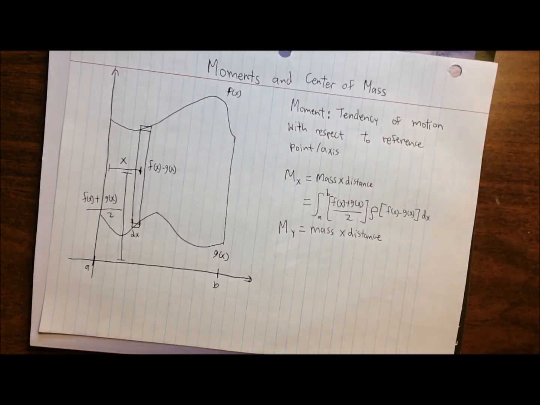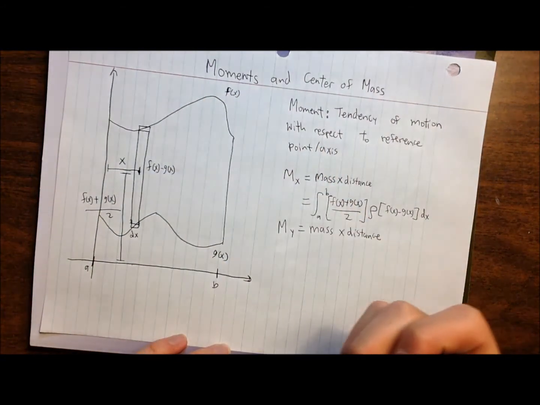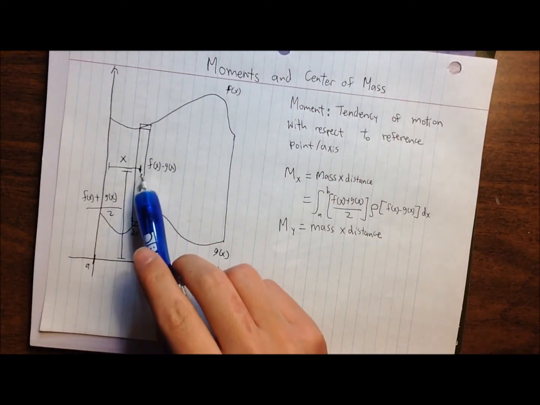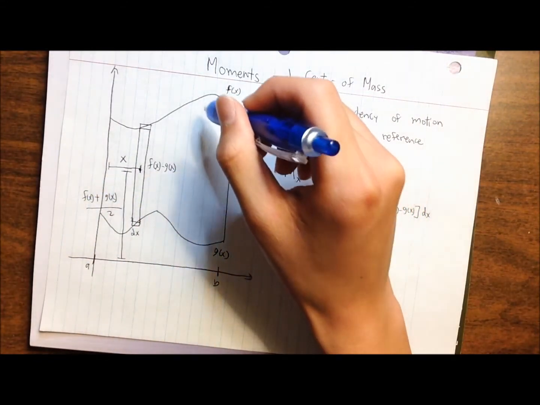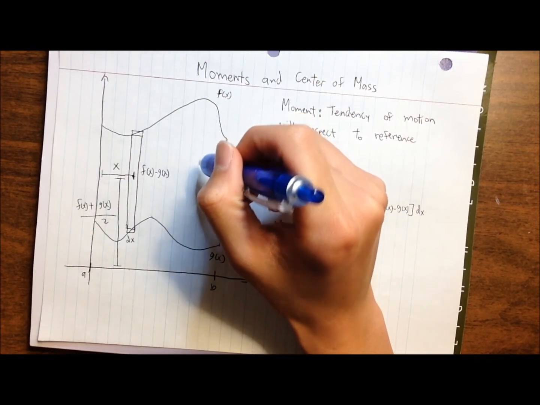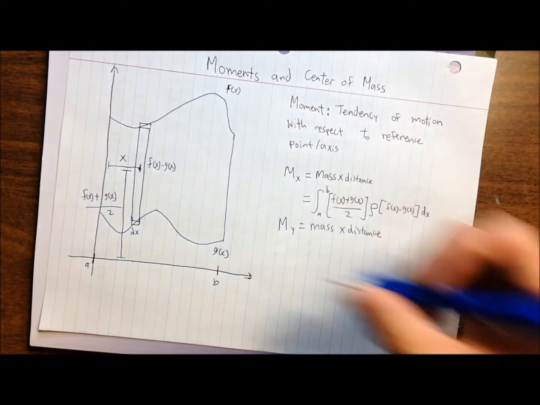Okay. To find the moment of this lamina about the y-axis, we have to consider the point with respect to the y-axis, and so our distance would just be the x value. Let's say the point mass we're considering is somewhere around here. Then the distance to the y-axis would just be this x value here.